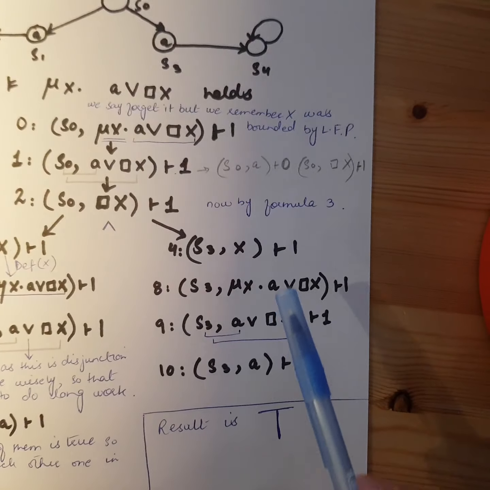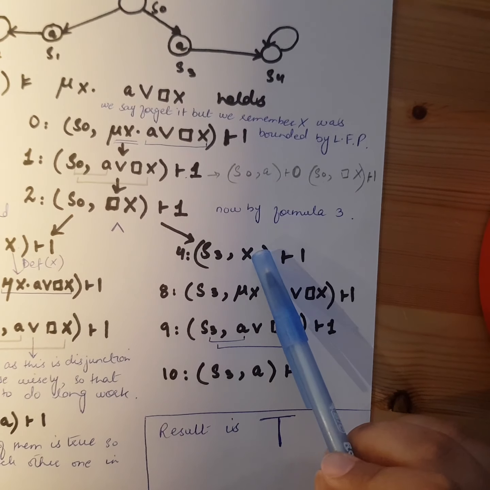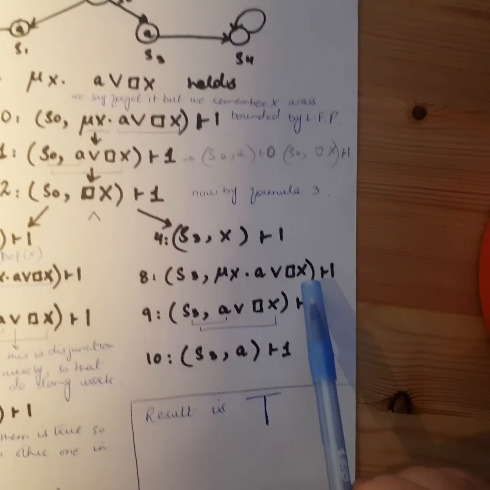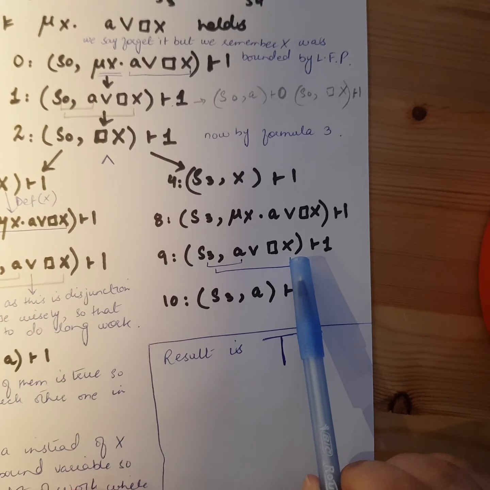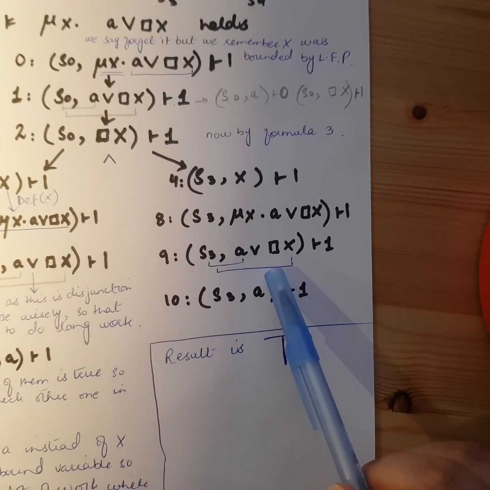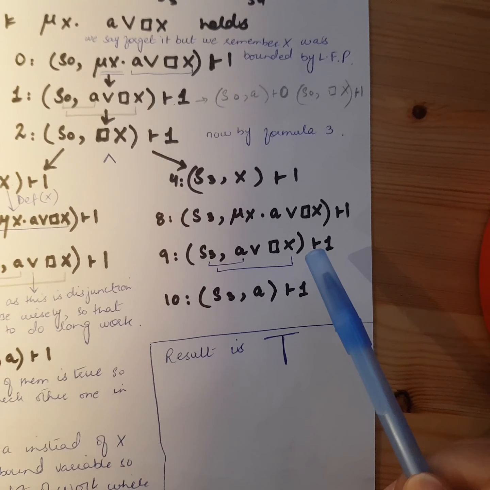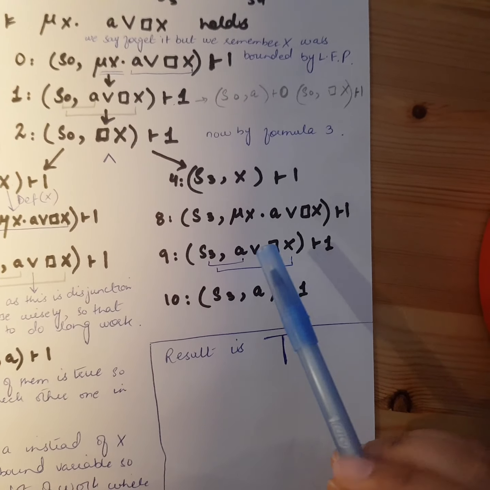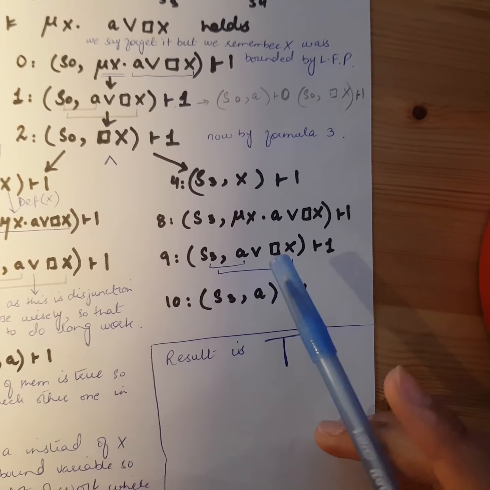Now we will check for this. The same goes in here. X is a bounded variable, so we will replace it with the whole formula, and then comes S3 and a, and then S3 ◇x. Here again, in the OR condition, we have to be really wise, because if one of them is true, the answer will be true. So we should choose the point where we can get the answer quite quickly.